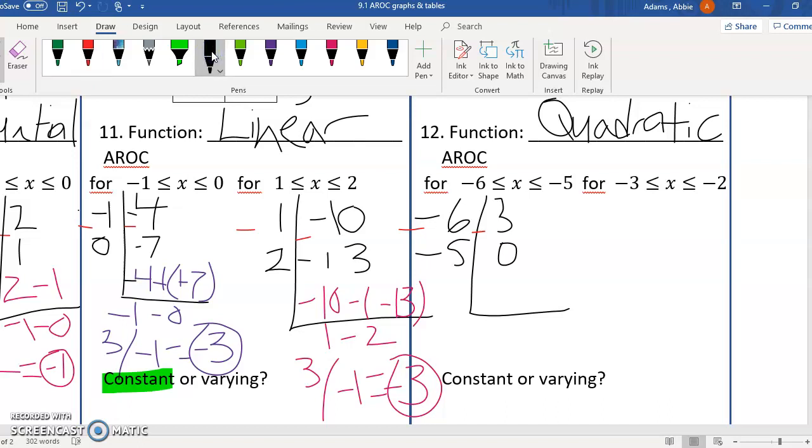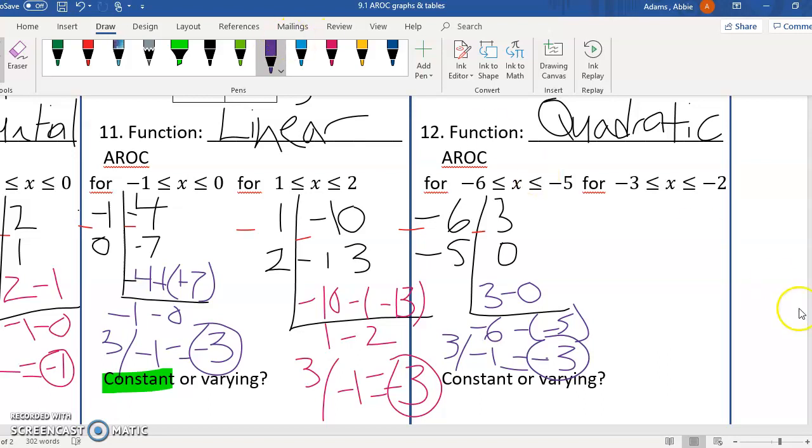So I have 3 minus 0 divided by negative 6 minus negative 5. So that's going to give me 3 divided by negative 1, which is negative 3, for my first average rate of change.